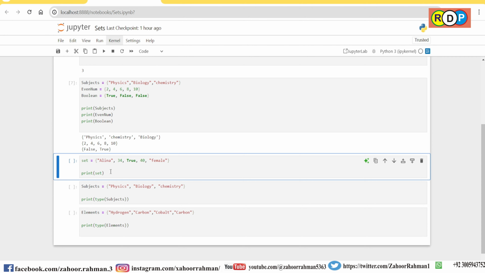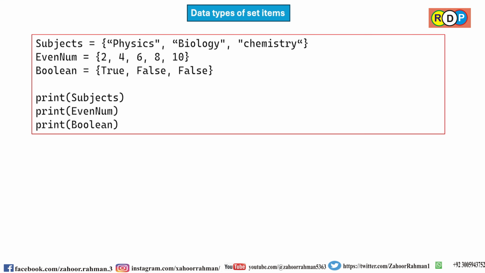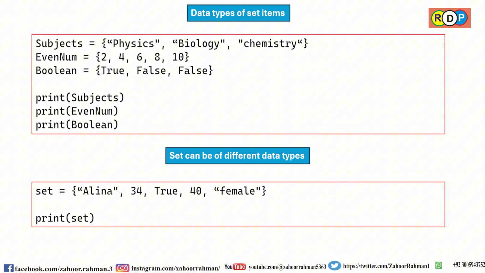Let's move further and clear our concept with another example. Sets can be of different data types. Yes, we can see that in a single set there is a string, there is an integer, there is a boolean, there is an integer, there is a string.